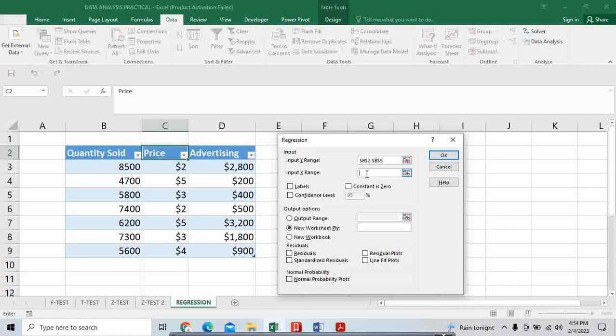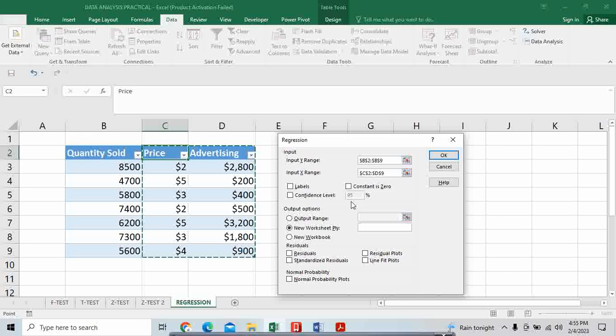I mentioned that we have 2 explanatory variables here, which are the price as well as the advertising. Then the predictor value is the variable which we are calling quantity sold. So in the input X range, I'm going to combine this and run up to that.